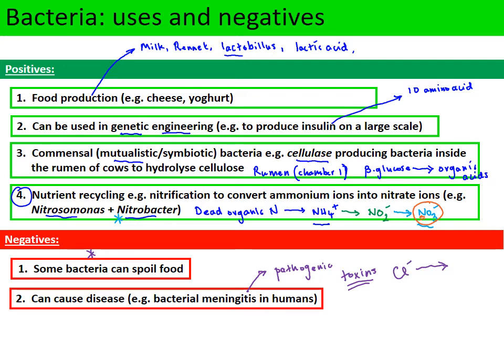And that's obviously going to lower the water potential, make it more negative. So water moves out of these cells by osmosis, and it causes a watery diarrhea, which is characteristic of cholera. And that can make you very, very dehydrated quite quickly, and it can quite often be fatal.